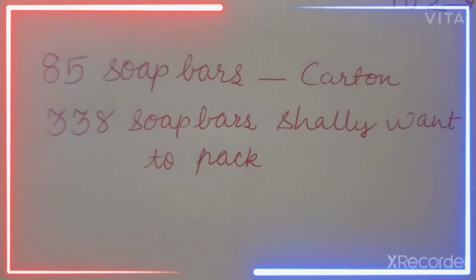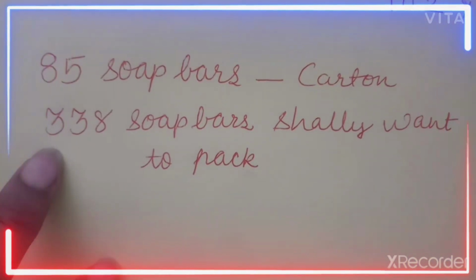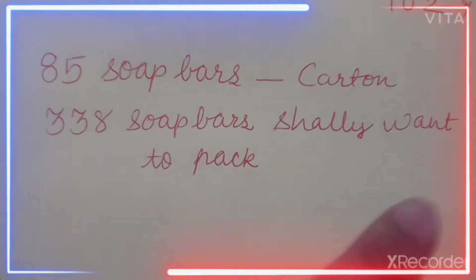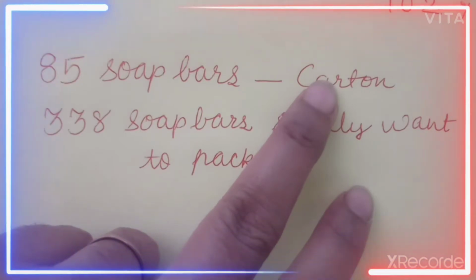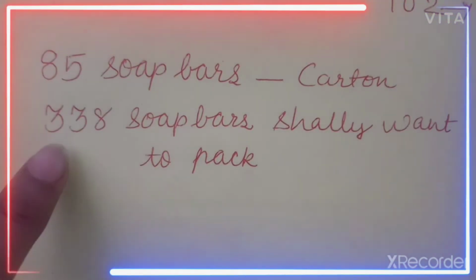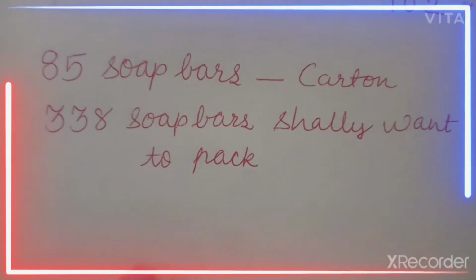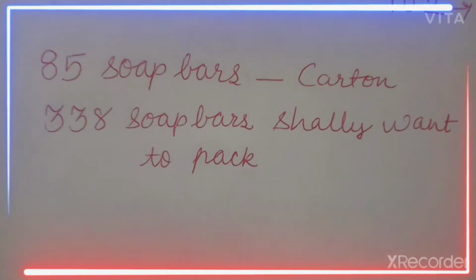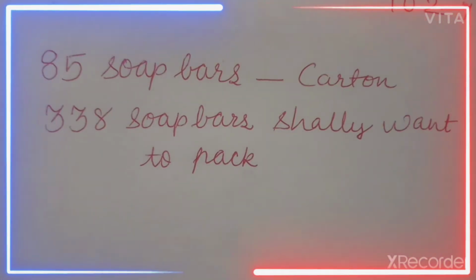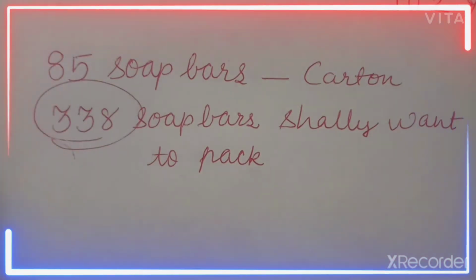In question number 2, Shelly wants to pack 338 soap bars. One carton contains 85 soap bars, but Shelly wants to pack 338 soap bars. So we have to find out the answer. How many cartons will be needed to pack 338 soap bars?